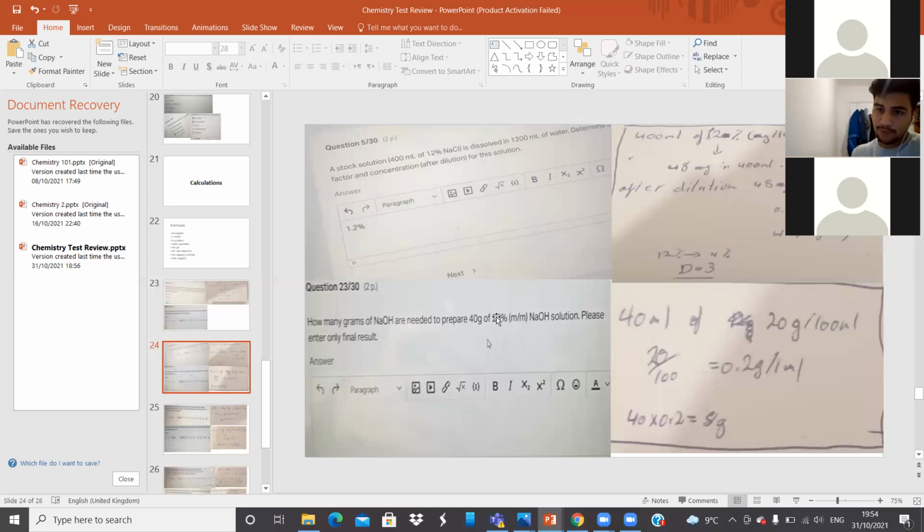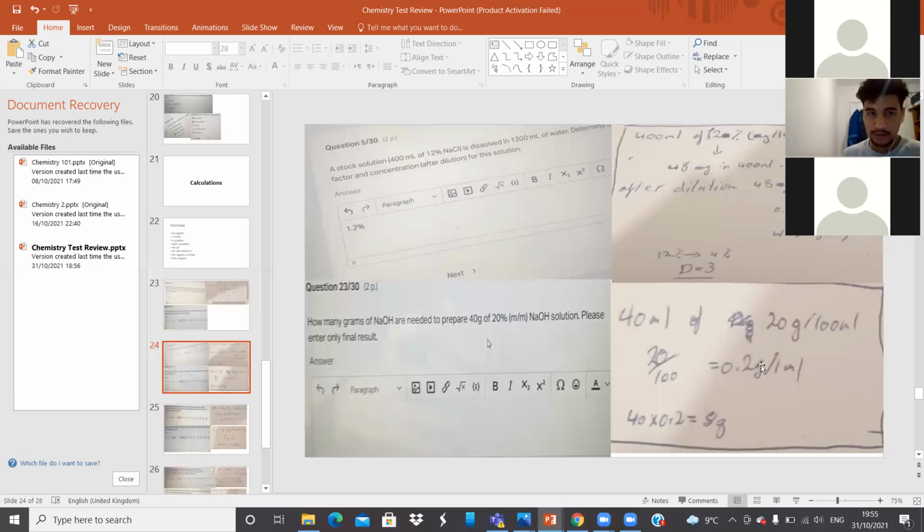If you have 20 grams in 100 milliliters, how many grams are you going to have in 40 milliliters? You can do that by finding the number of grams in 1 milliliter and then multiplying that by 40.